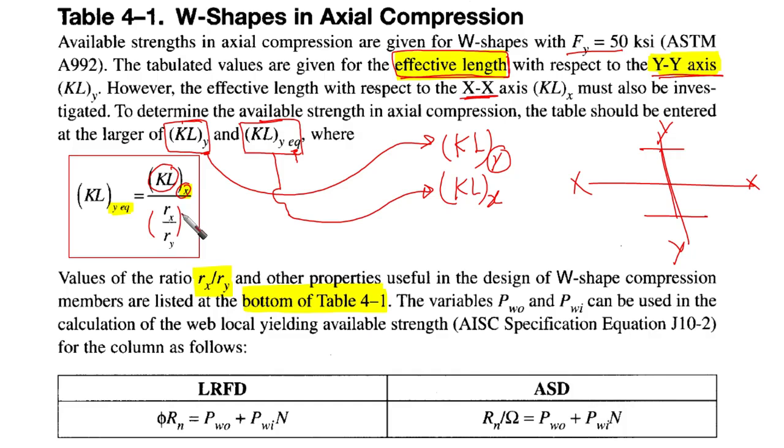Where can we obtain this ratio? The values for the ratio Rx over Ry and other properties useful in the design of wide flange shape compression members are listed at the bottom of table 4-1. Let's go here.